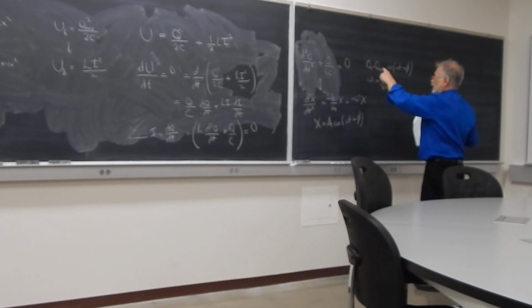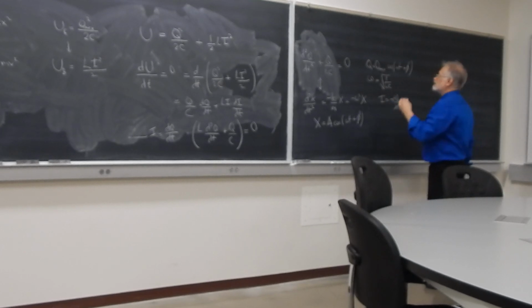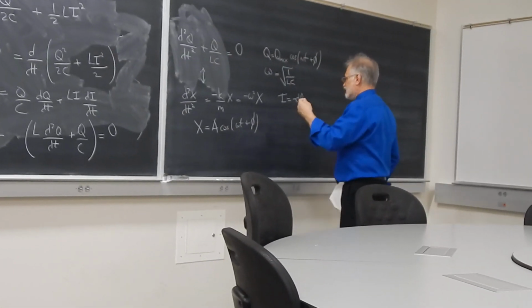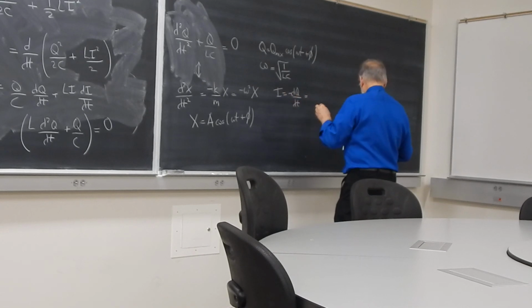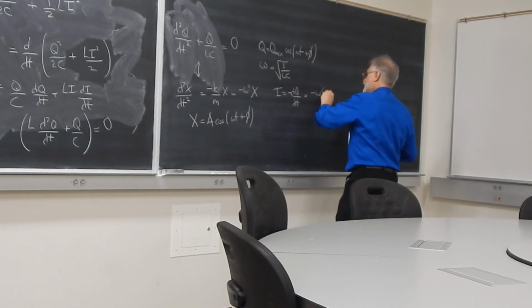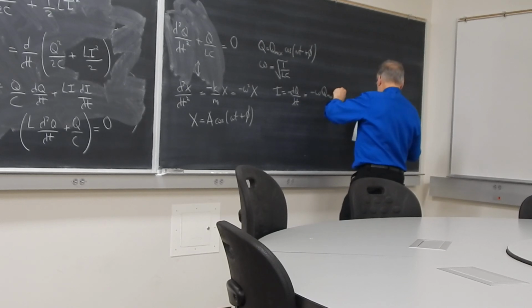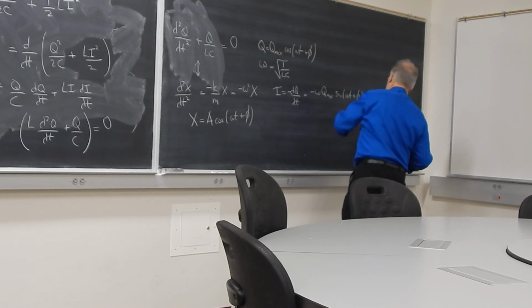The current, if I want to take this a step further, I can write as minus dq/dt. Why the minus? Because if the current is increasing, the charge is decreasing, and vice versa, because the current and charge are going either to the capacitor or to the inductor. I can write this then as minus omega q max times sine of omega t plus phi.